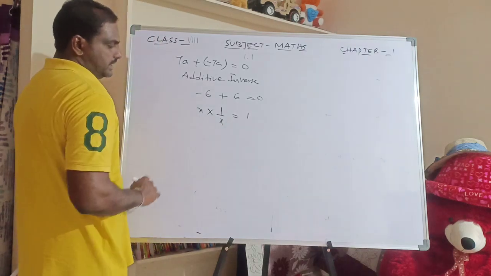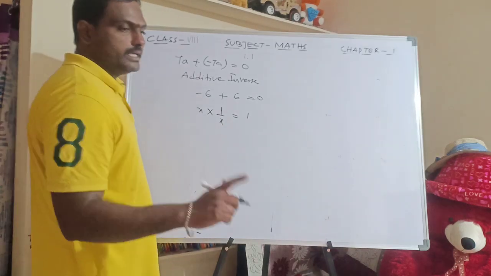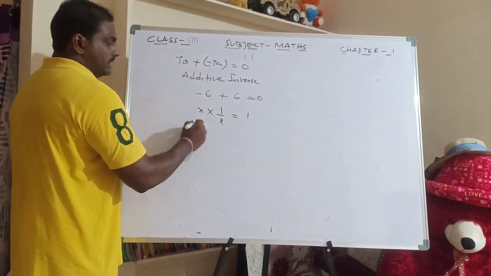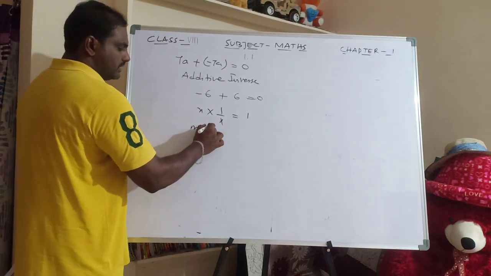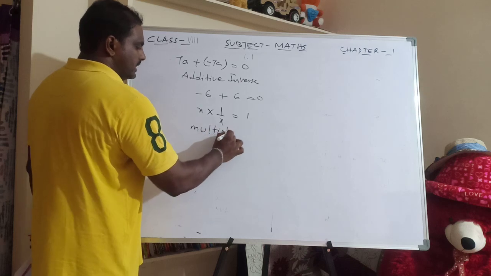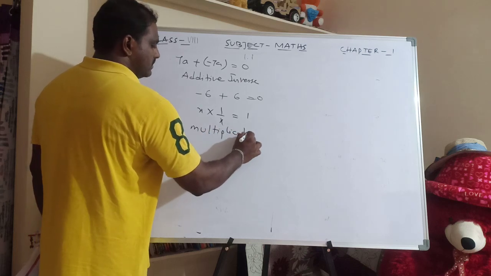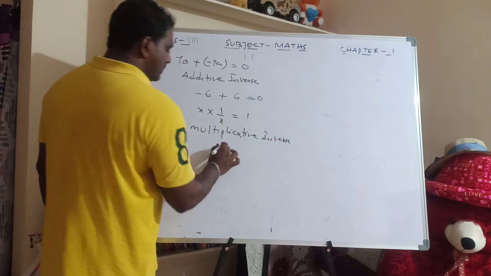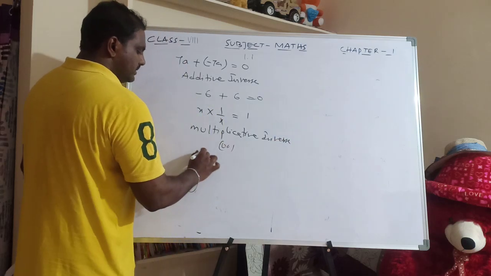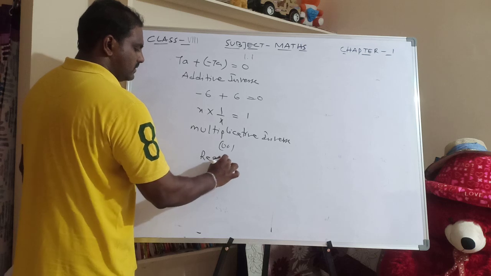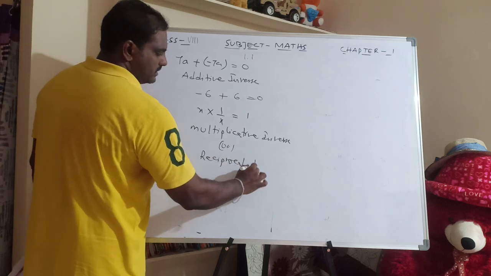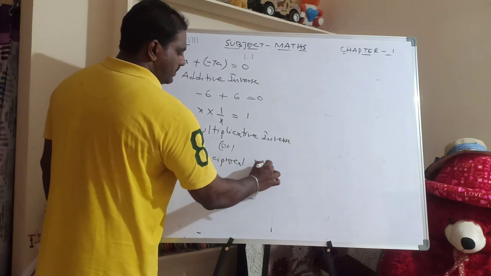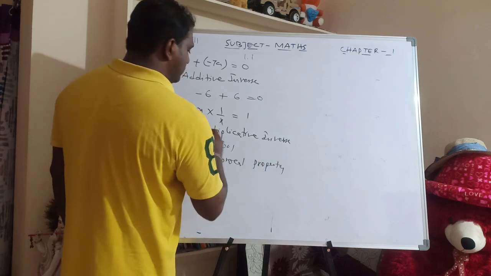So what is this property? It is called the multiplicative inverse, or what we call the reciprocal property, or reciprocal law, whatever it may be.